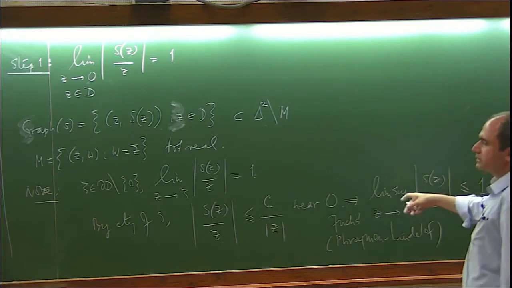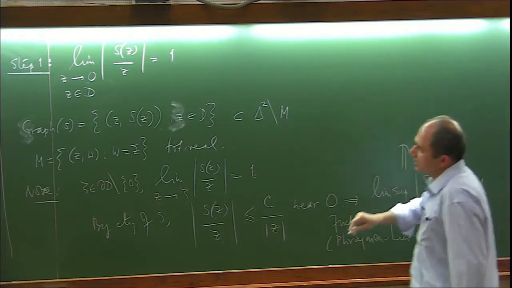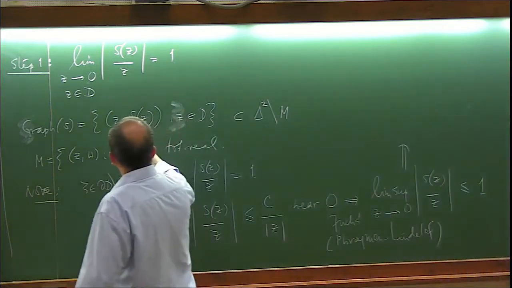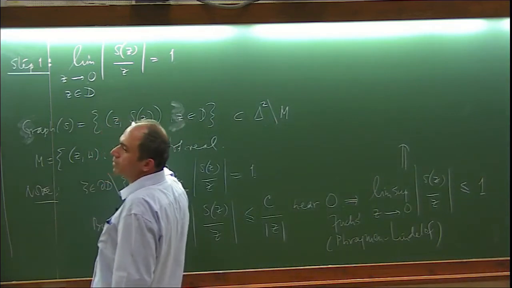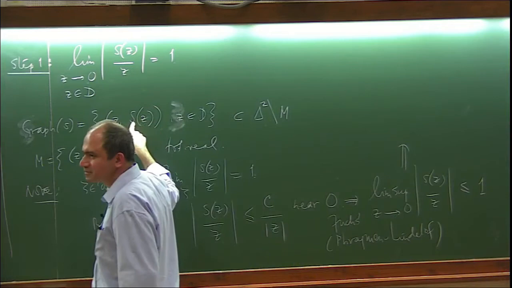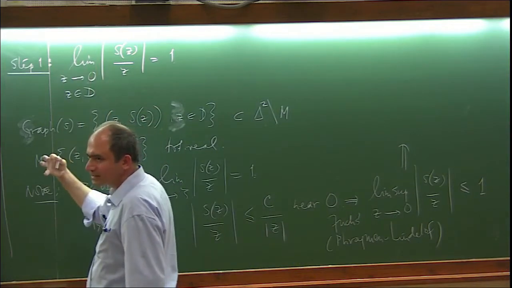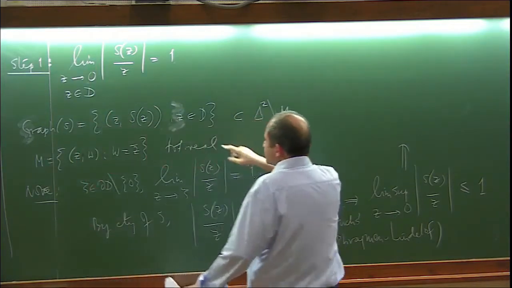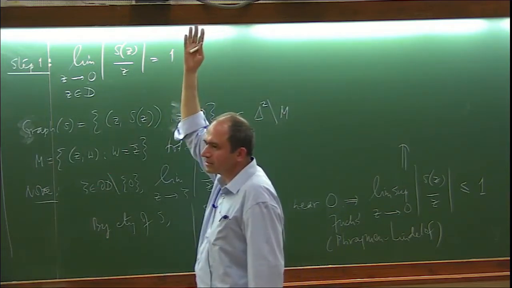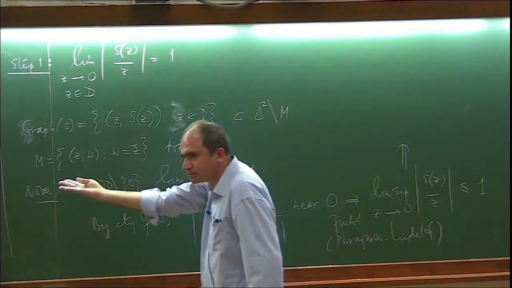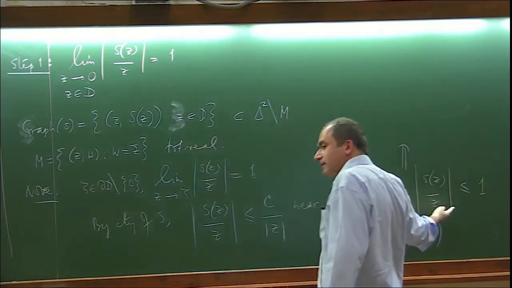And the nice thing about this is S divided by Z is sort of like the slope of this graph, y divided by x. And this is saying that this variety cannot be vertical at all. It must have bounded slope, bounded by 1.